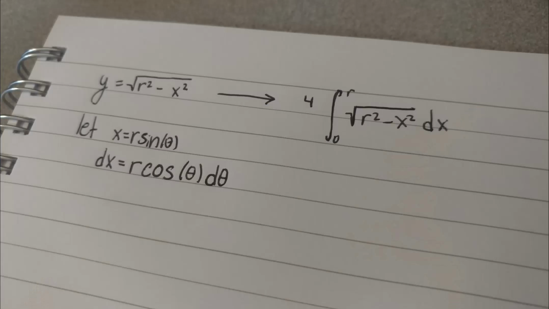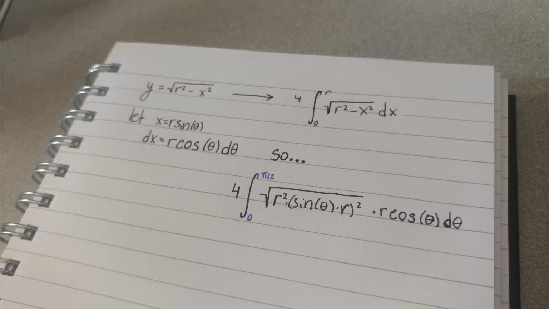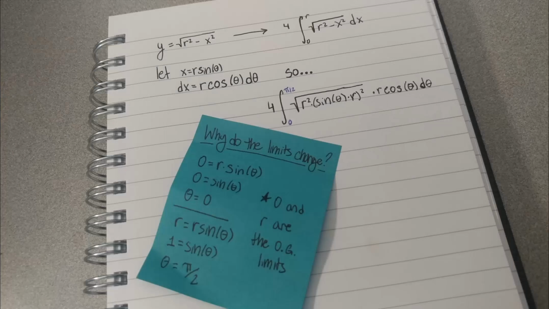Let x equal r times sine of theta, and the derivative of that will be r cosine theta. Now we're going to plug in r sine of theta and replace dx with r times cosine of theta times the derivative of theta. You might have noticed that the limits have changed, and that's because we need the limits to be in terms of what we replaced x with, so in terms of r times sine of theta.